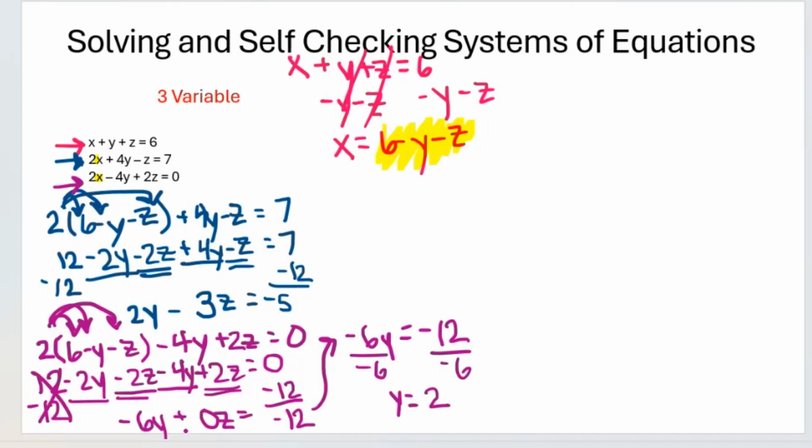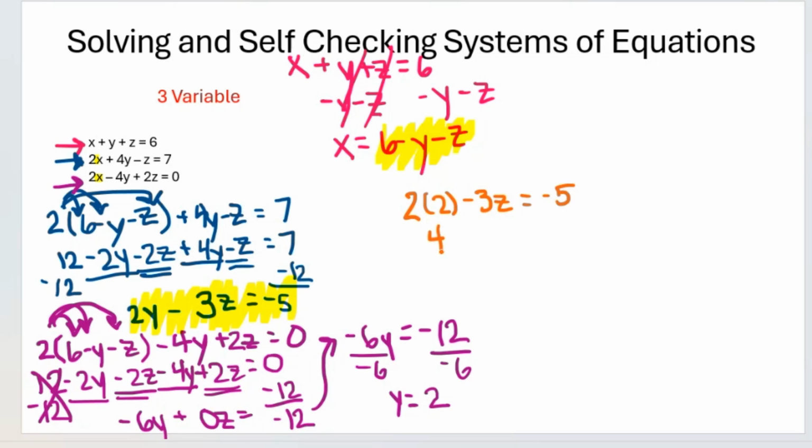All right. So if y equals 2, I am now able to use that to help me with some other problems. I'm going to go back to this equation that we figured out earlier. And instead of writing y, I can write the number 2. So 2 times y, which is 2, minus 3z equals negative 5.